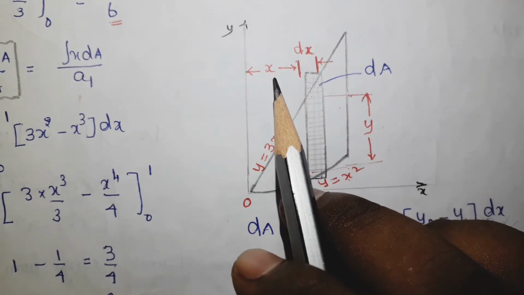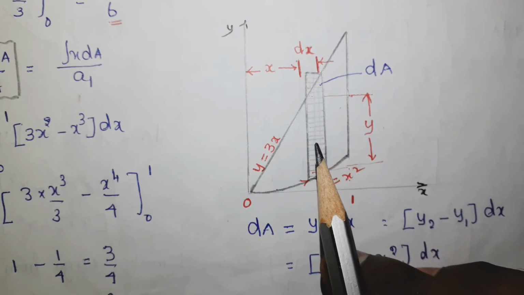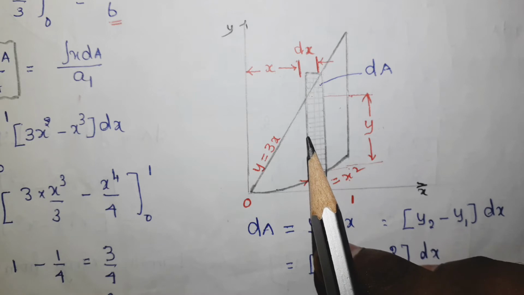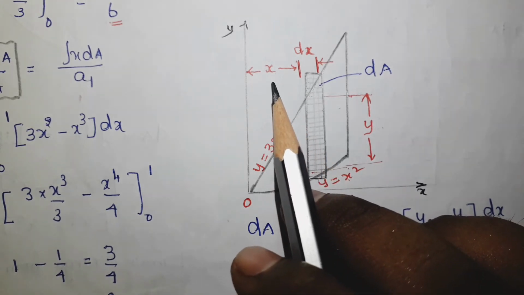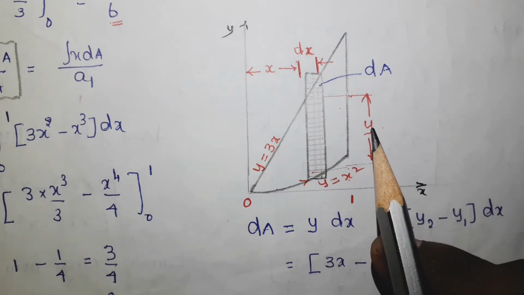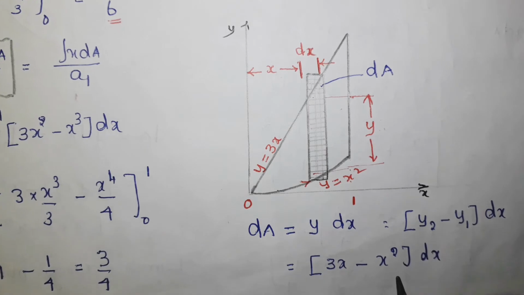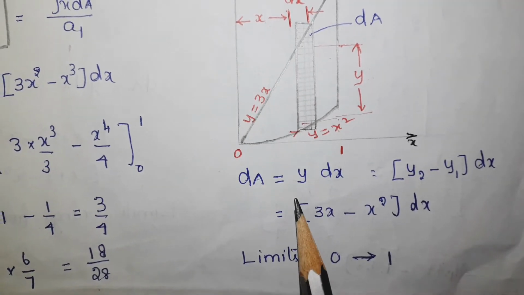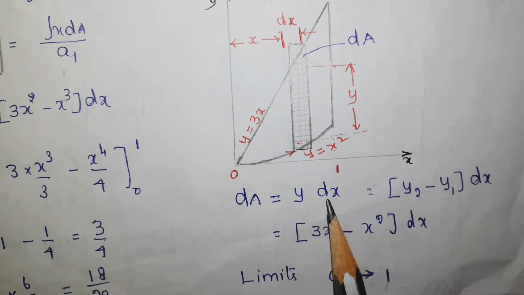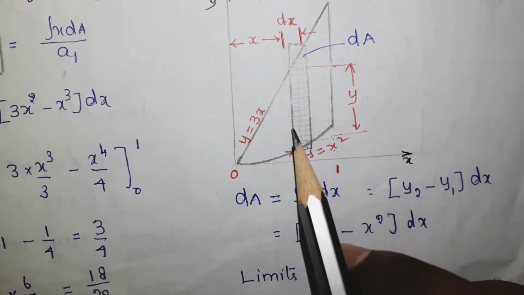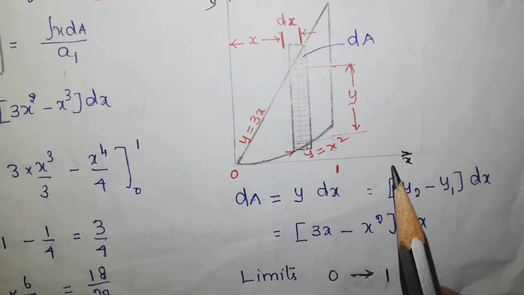Now you see here both x and y are variables, because I can adjust the position of this dA, and according to that the variables x and y will vary. So these two are the variables, and this is a rectangle. Since it is a rectangle, the area can be calculated as y into dx.